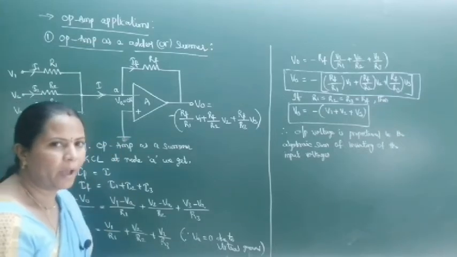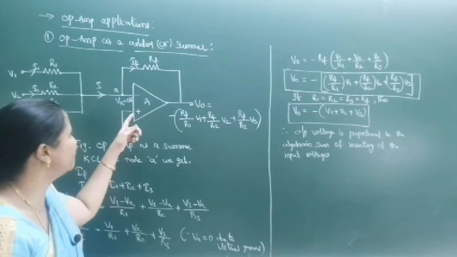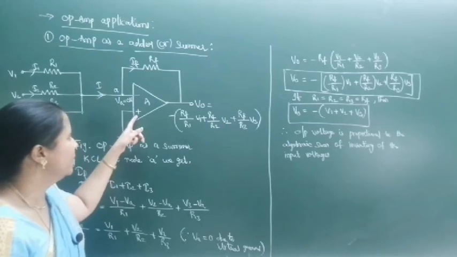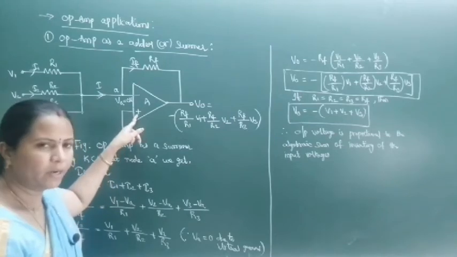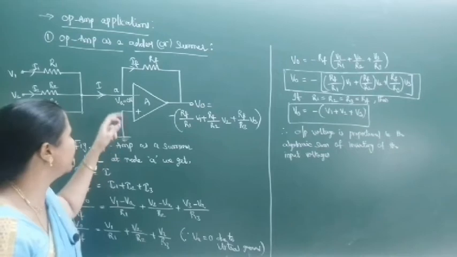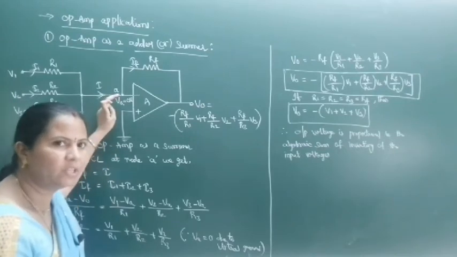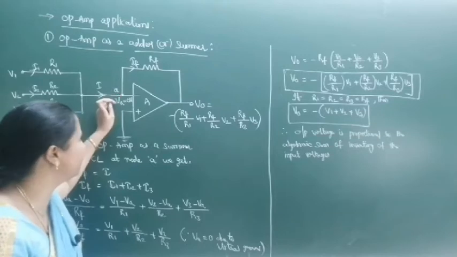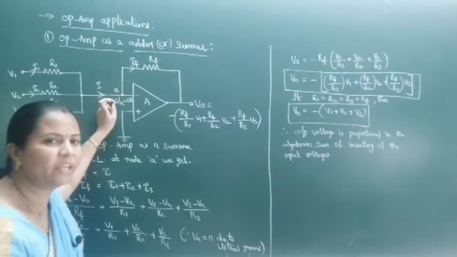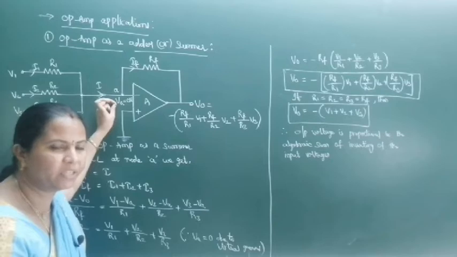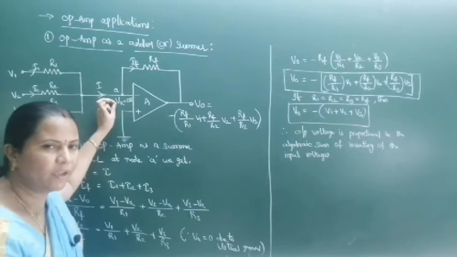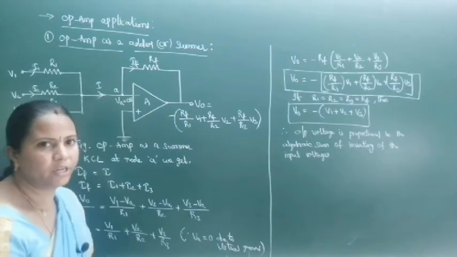In any op amp, if the non-inverting terminal is connected to the ground, automatically at the inverting terminal the junction voltage VA is equal to 0. The inverting terminal is connected at virtual ground. That's why VA equals 0 volts.